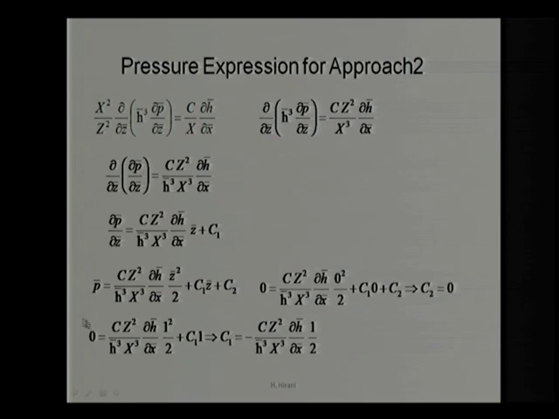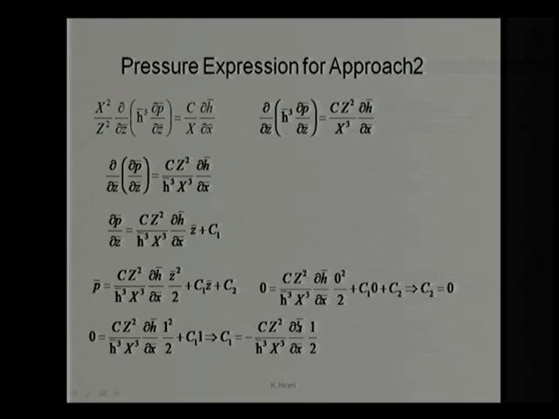Coming to the second point, again when z bar is equal to 1, or z is equal to the maximum value of the dimension, that is capital Z, then pressure will be 0. We write z bar equal to 1 here, rearrange, and we find the constant C1, the integration constant, that is a negative term, and that depends on the film thickness variation with x, the clearance, the dimension in z direction, the dimension in x direction, and the film thickness itself.